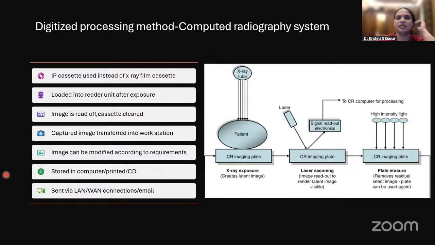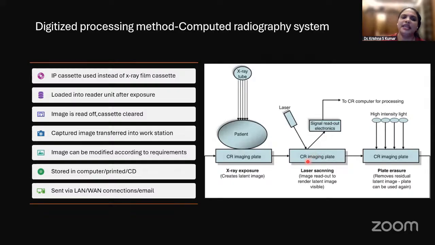The last processing method is the digitized processing method, which includes the computed radiography system and the digital radiography system. Here there is a cassette. Instead of the conventional X-ray film cassette, you have an IP cassette. It is loaded into the reader after an exposure.